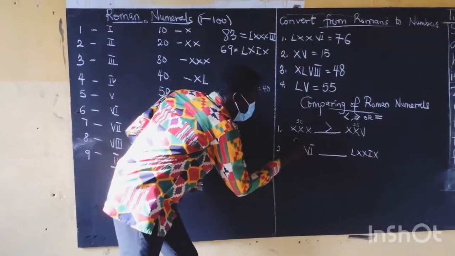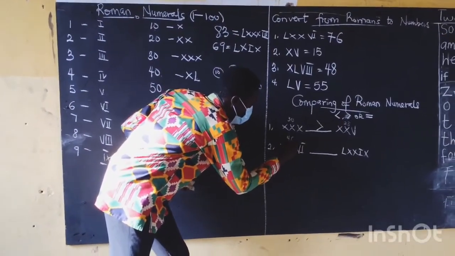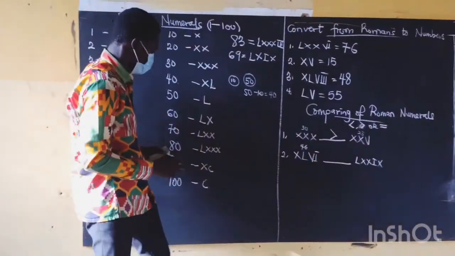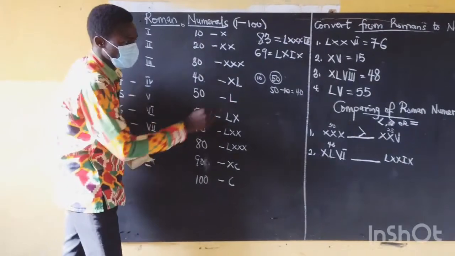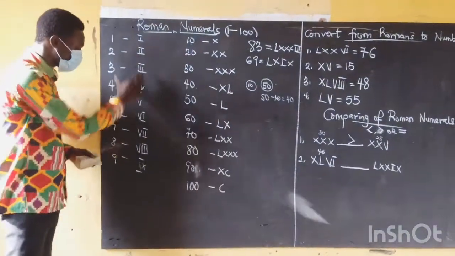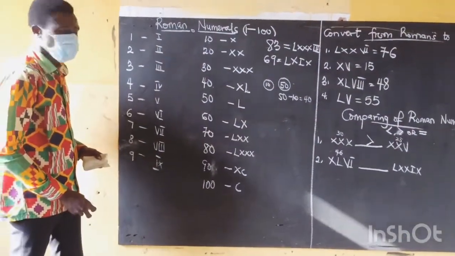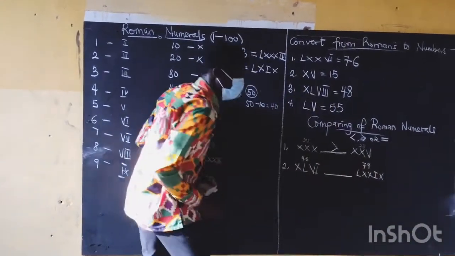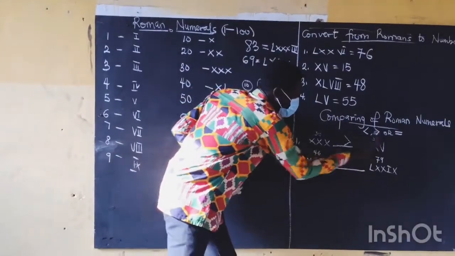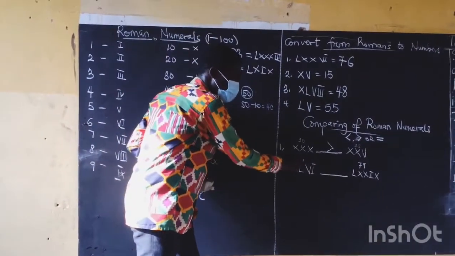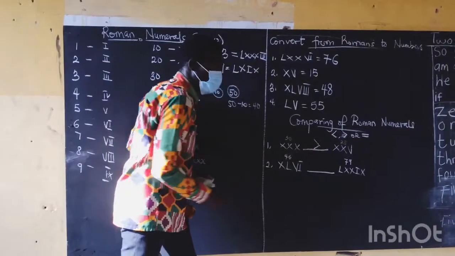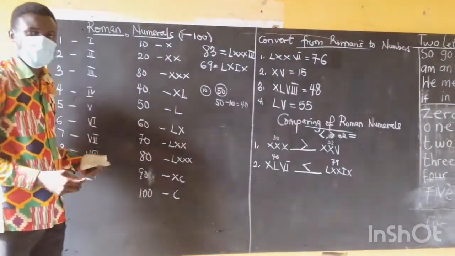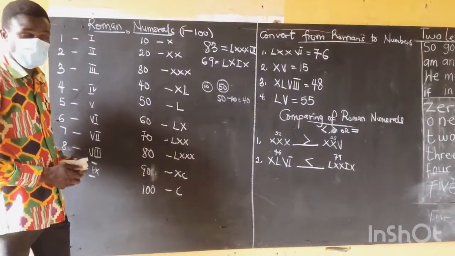So this Roman numeral converted into numbers gives me 46. LXX gives me 70 from our chart. Then IX from our main chart gives me 9. So this gives me 79. Now looking at 46 and 79, we will say that 46 is less than 79, and this gives me this sign.